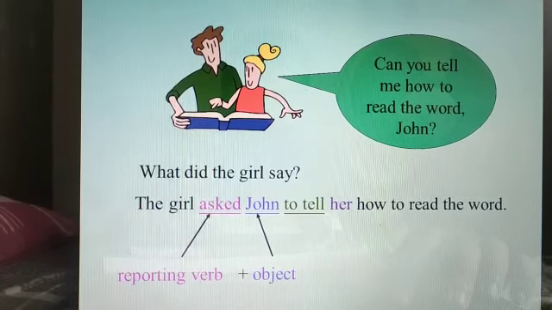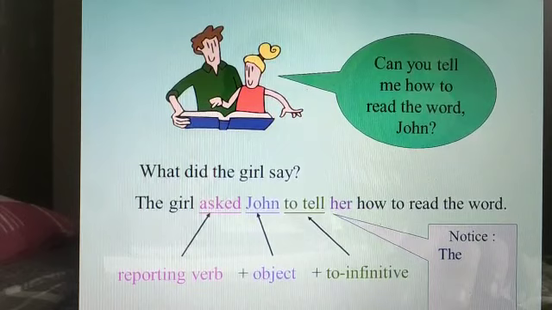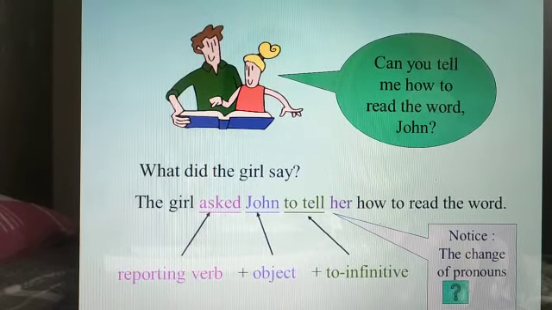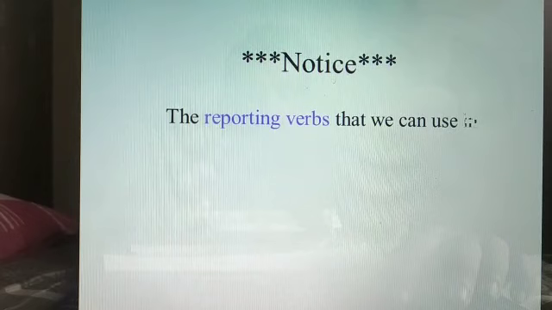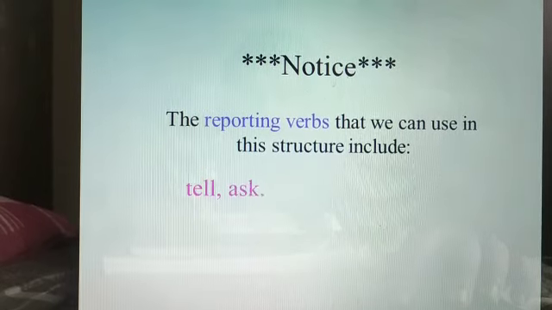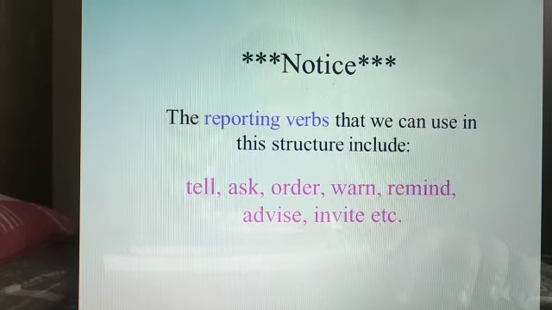John, object plus to infinitive. So the change of pronoun. How have we used her here is the point of interrogation. Now, the reporting verbs that we can use in this structure include tell, ask, order, warn, remind, advise, invite, etc.